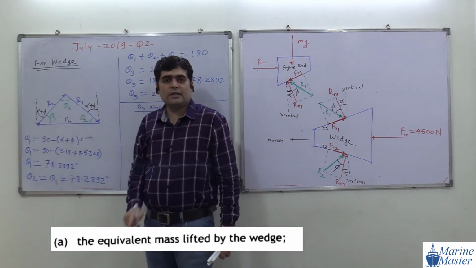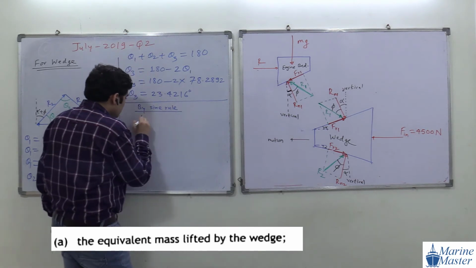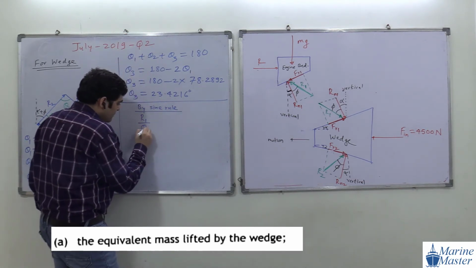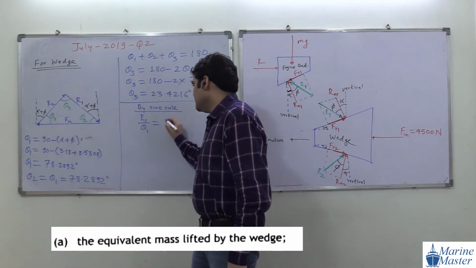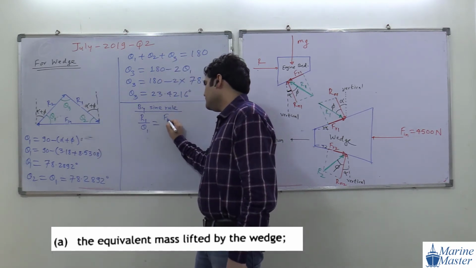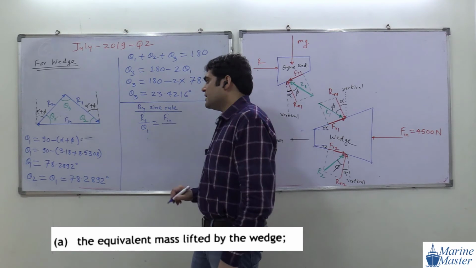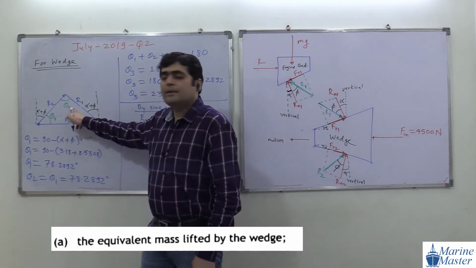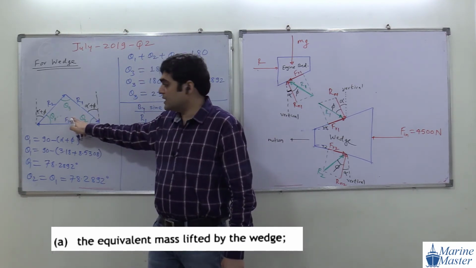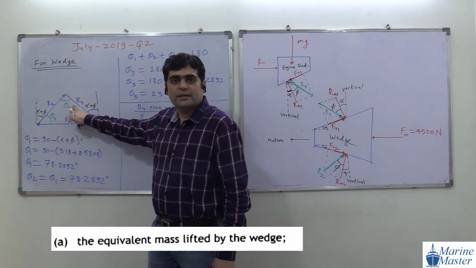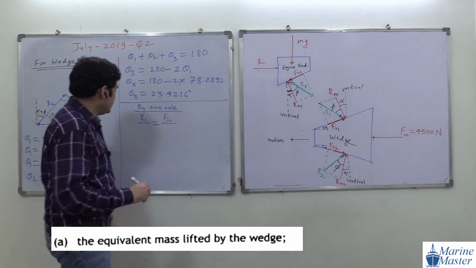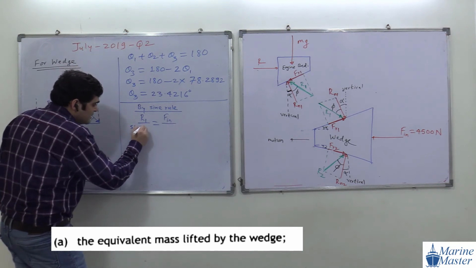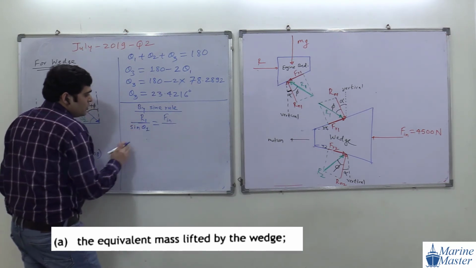R1 is opposite to theta 1, so R1 by sine theta 1. And F in is opposite to theta 3, so F in by sine theta 3. I was writing theta 1 without the sine; it should be sine theta 1, right, guys? Please always tell me if I am making a mistake.